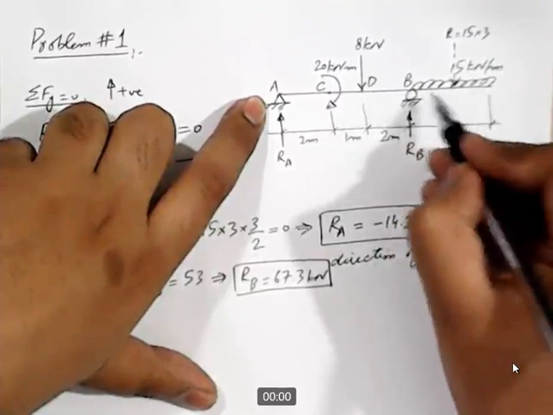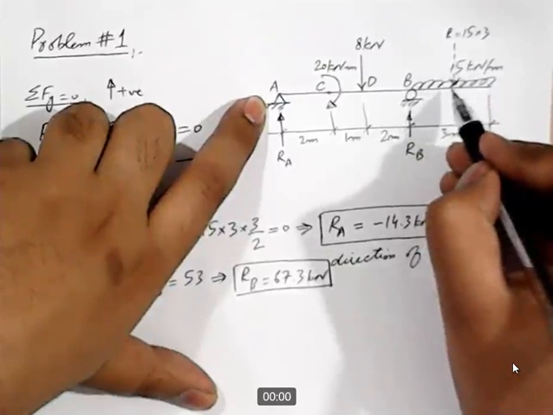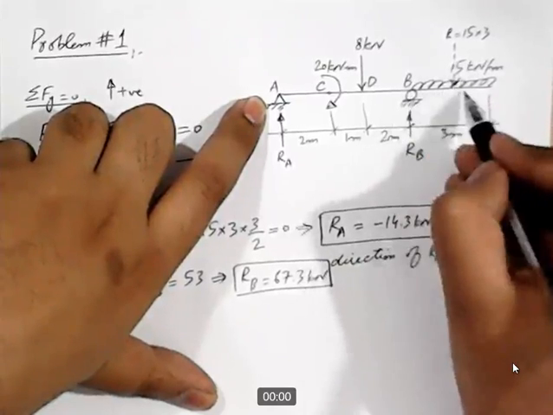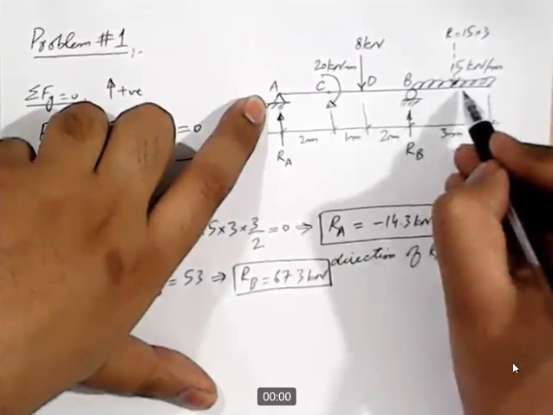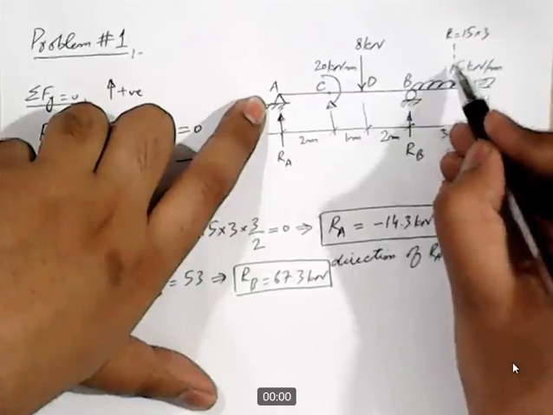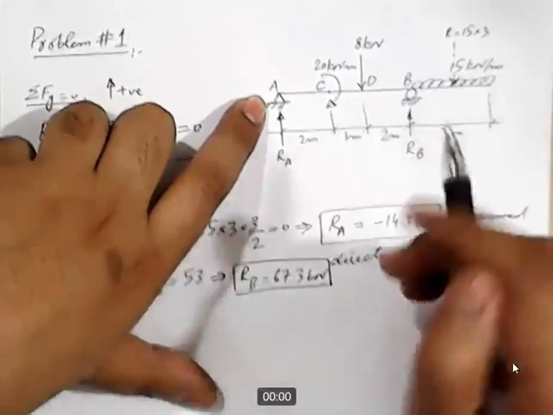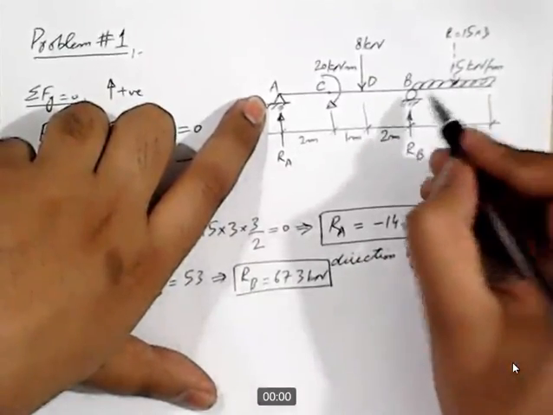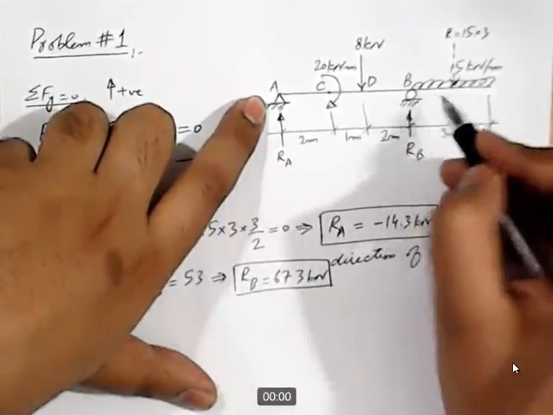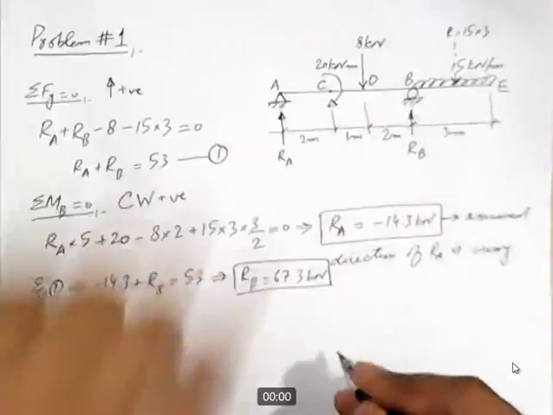In overhang we have a UDL. I have marked the resultant, but resultant will not divide this part into different portions, because I have marked resultant with a dashed line, because this is not a real point load acting at this point. So this entire overhang can be considered as one portion, and we will say this point as point E.